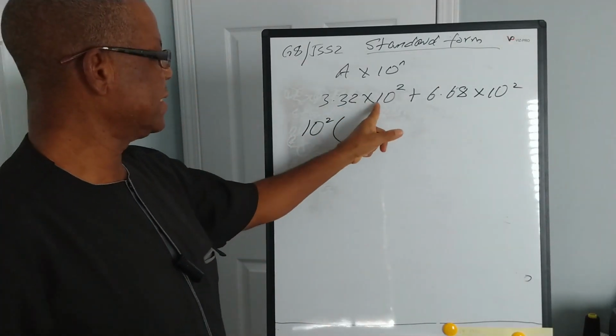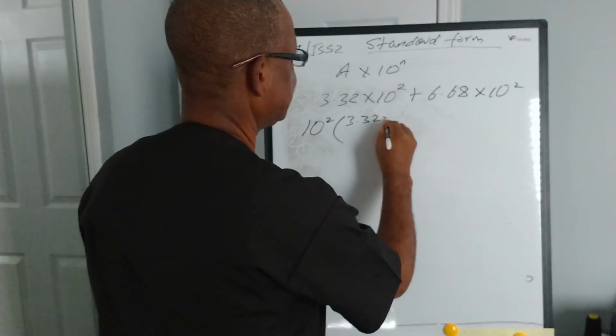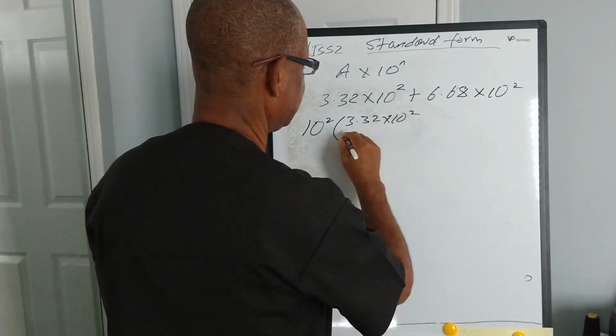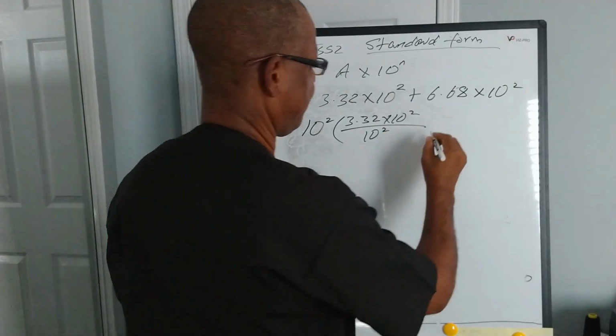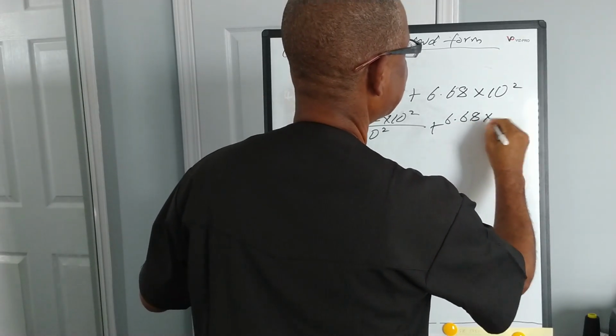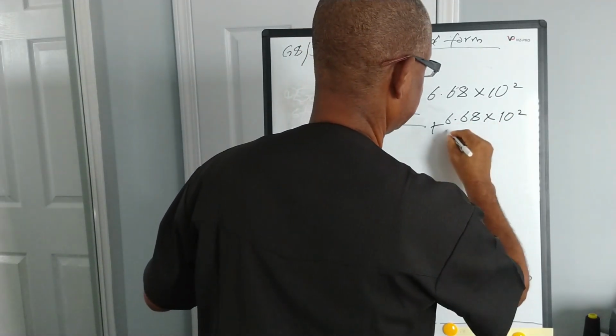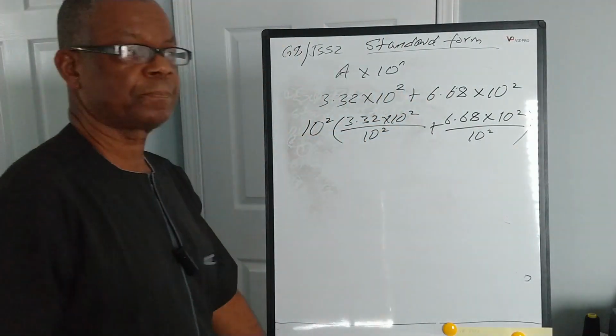When you divide each term by it, we have 3.32 times 10 raised to the power 2 divided by this common factor, 10 raised to the power 2, plus 6.68 times 10 raised to the power 2 divided by 10 raised to the power 2, bracket close.